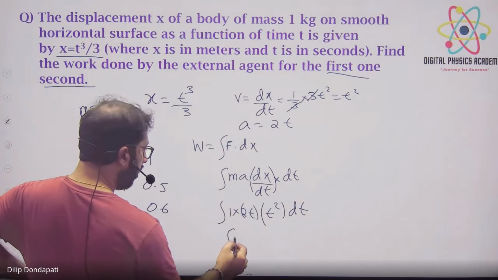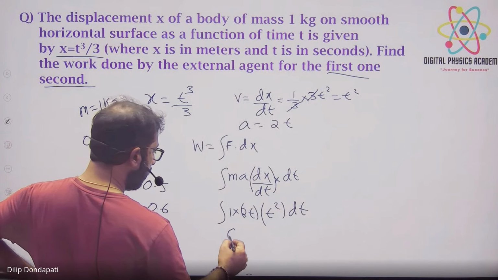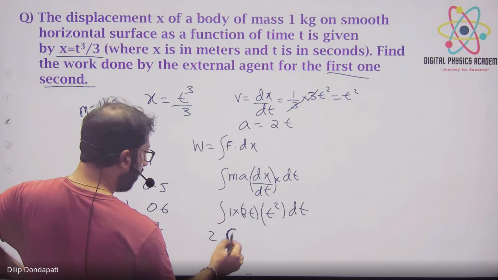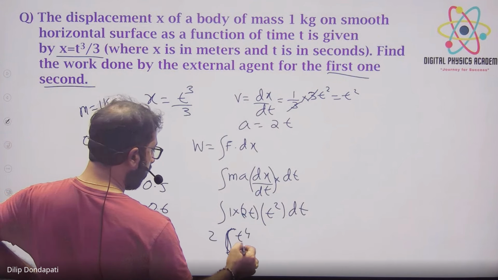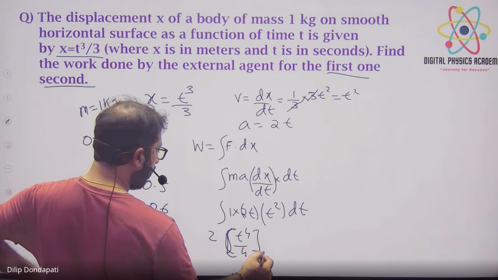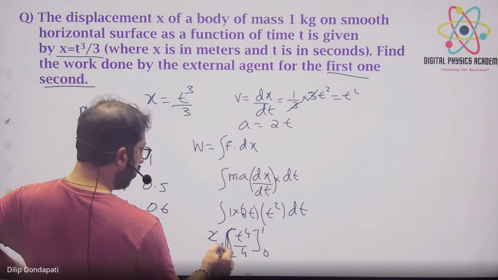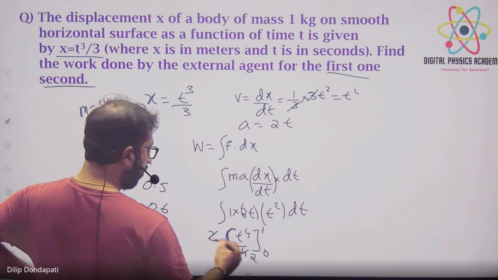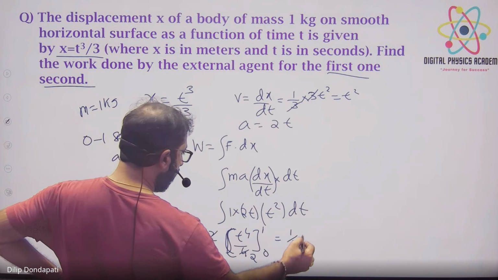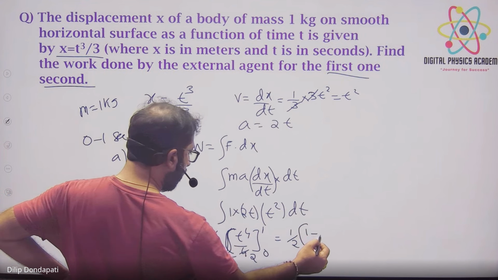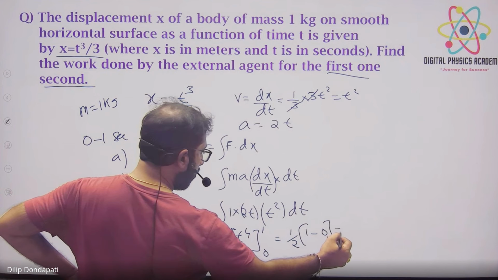So 2 comes out, the integration of t cube is t power 4/4, with limits from 0 to 1, so 1/2 comes out, upper limit minus lower limit, 1 minus 0, so the answer is 0.5.